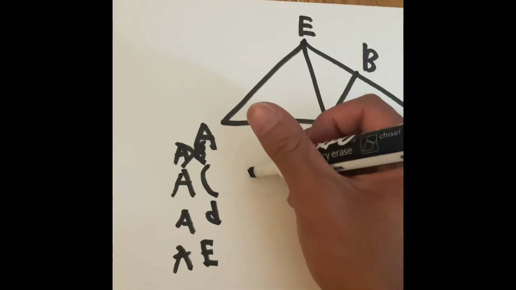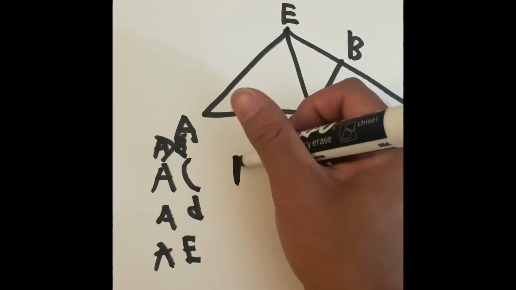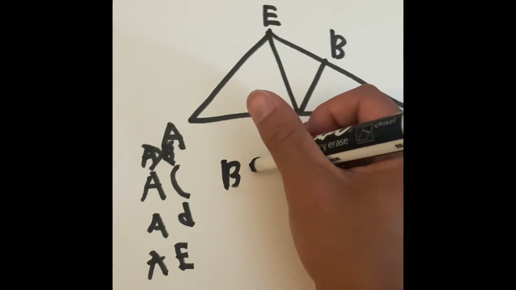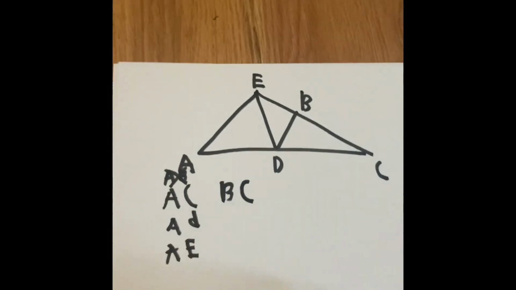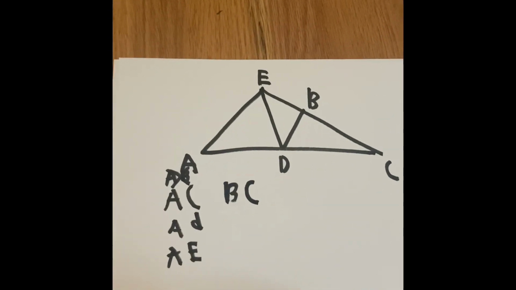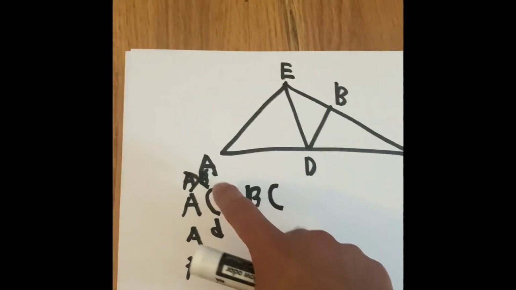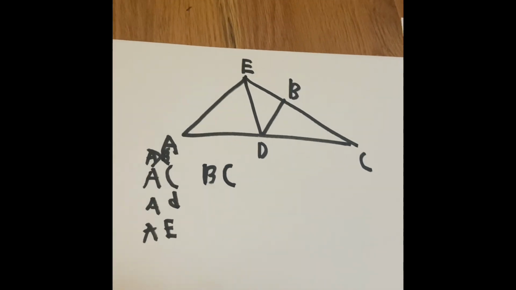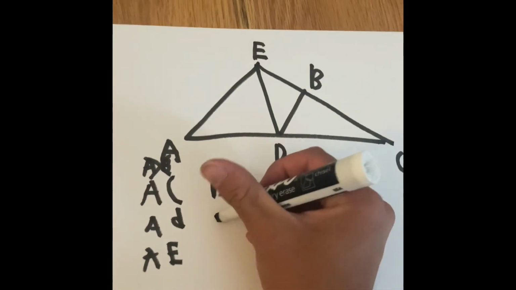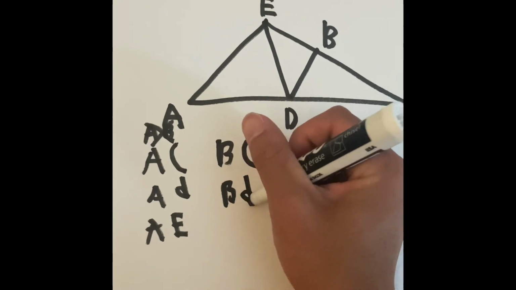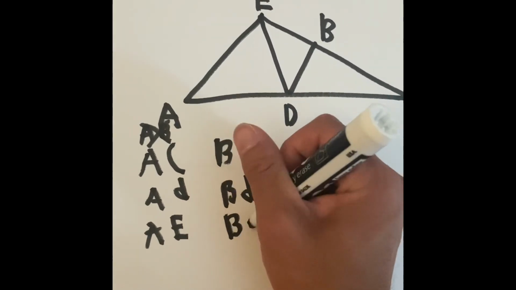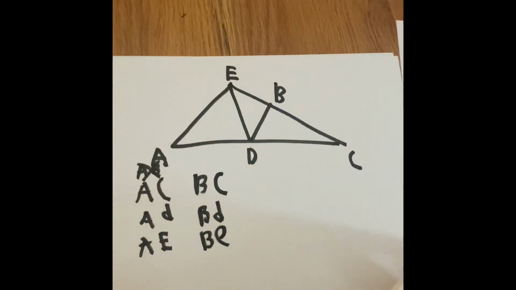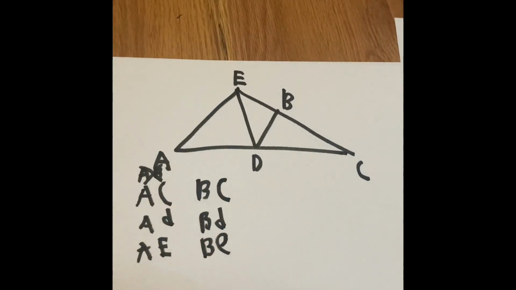Now we can start with B. So we can say BC works. The reason why we can't say BA is because that's the same thing as AB, which doesn't work. So we're down to fewer options. BD works along with BE. Imagine the segments as I go along.